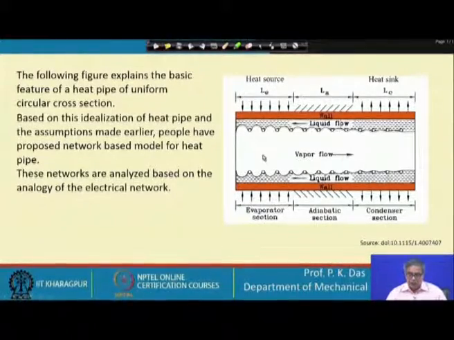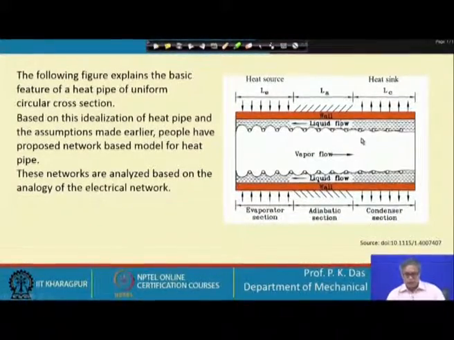So, inside, if we come again, we will see the vapor will be generated in the evaporator zone, and it will move in the direction towards the condenser, through the central region. So, this is the vapor flow area, and in the condenser region the liquid will be condensed, and this liquid will be transported by capillary action back to the evaporator, and the liquid flow is in a direction opposite to the direction of vapor flow.